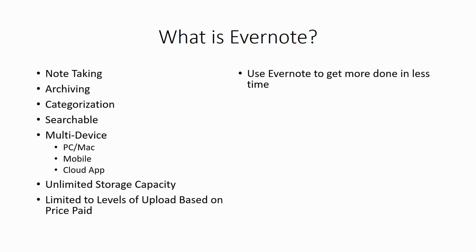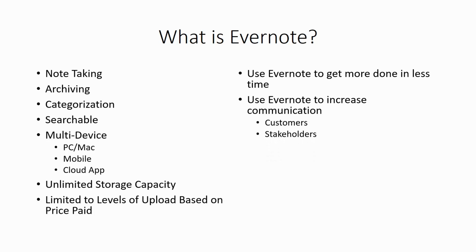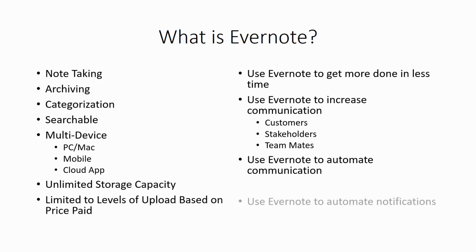Now, Evernote is really designed for you to get more done in less time. It's designed to increase the level of your communication, whether or not you're going to be working with someone on specific information or you want to collaborate with a customer or someone in your organization or concerning your organization or even people who are working on your team. One of the key features of Evernote in that way is that Evernote can be used to automate communication.